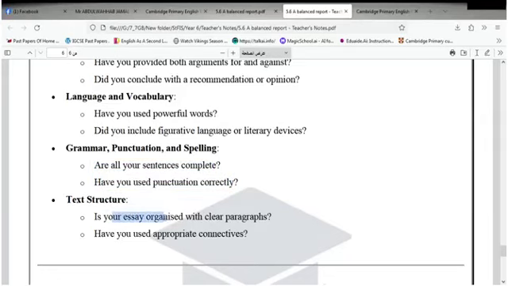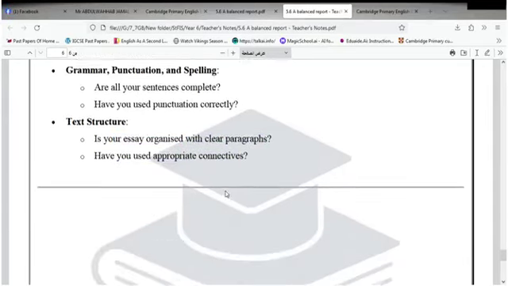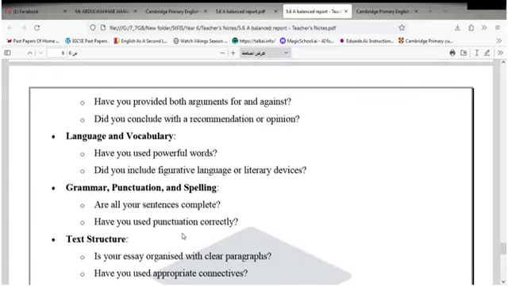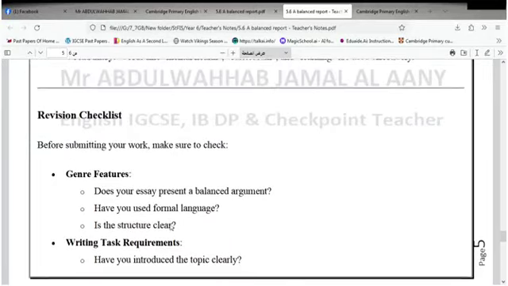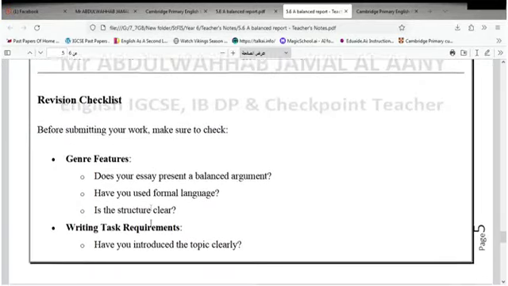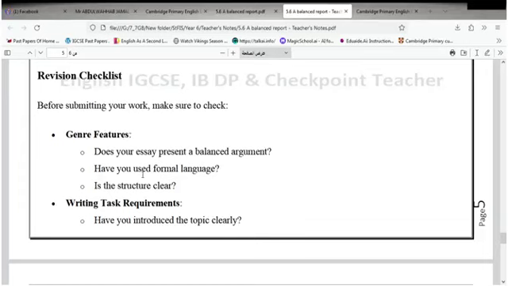Is your essay or balanced report organized with clear paragraphs? Have you used appropriate connectives? All of these are questions which show or check on your balanced writing or your balanced report, either for the features or the language or the content in general.